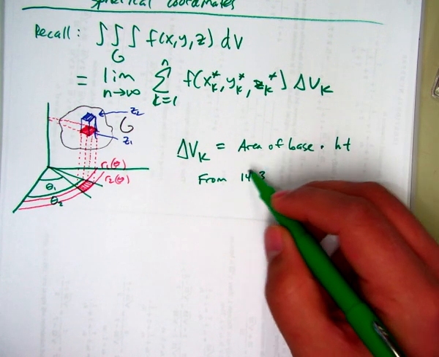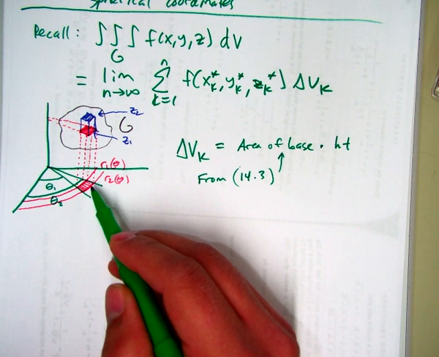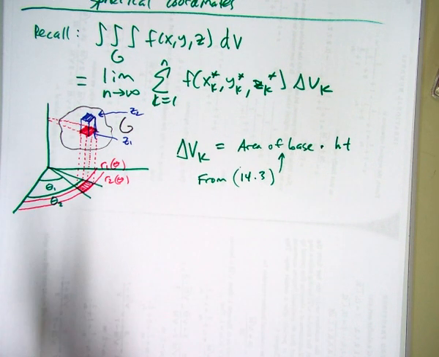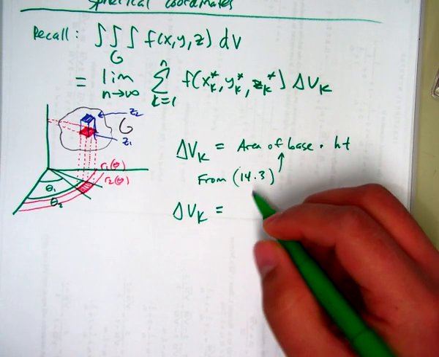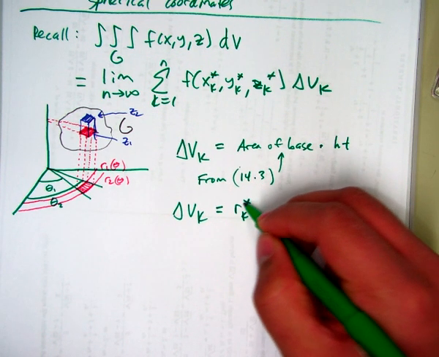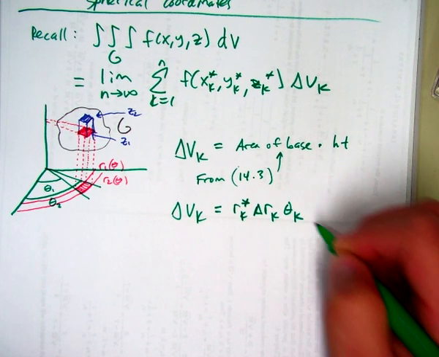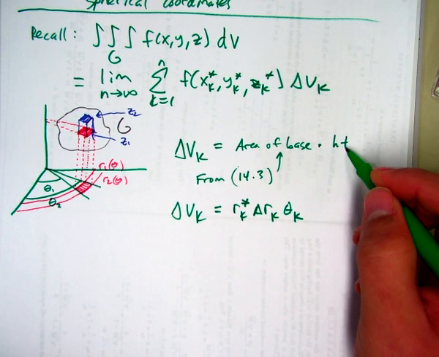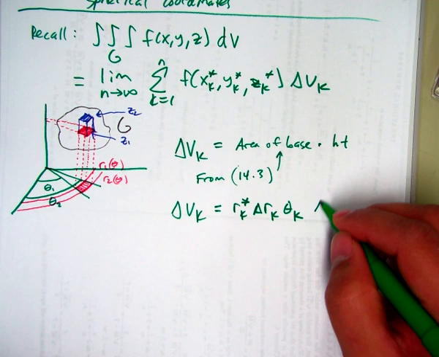From 14.3, we know what the area of the base is. Remember when we did those little polar rectangles, right? We know that the area of the base was essentially r sub k star delta r sub k delta theta sub k. The height, if we're going from z1 to z2, then that's going to be just delta z sub k.